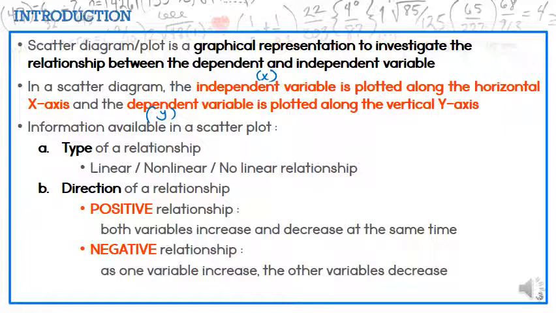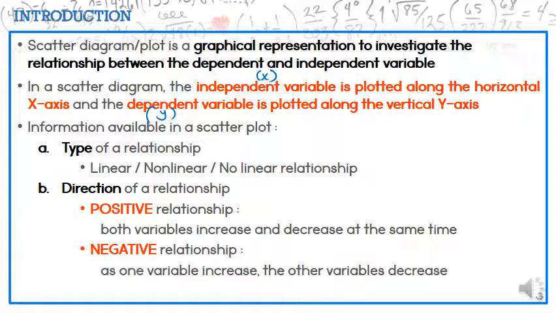So, information available in a scatter diagram. Apa yang you boleh dapatkan selepas you draw a scatter plot? The first one is you can identify the type of the relationship. If you plot a scatter diagram, you boleh nampak type of relationship between the two variables.